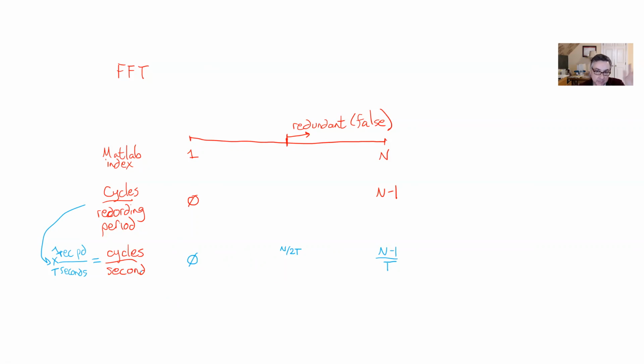Cycles per second wouldn't be appropriate for that first problem, but whatever the length of the recording period is, that's how we get the conversion.